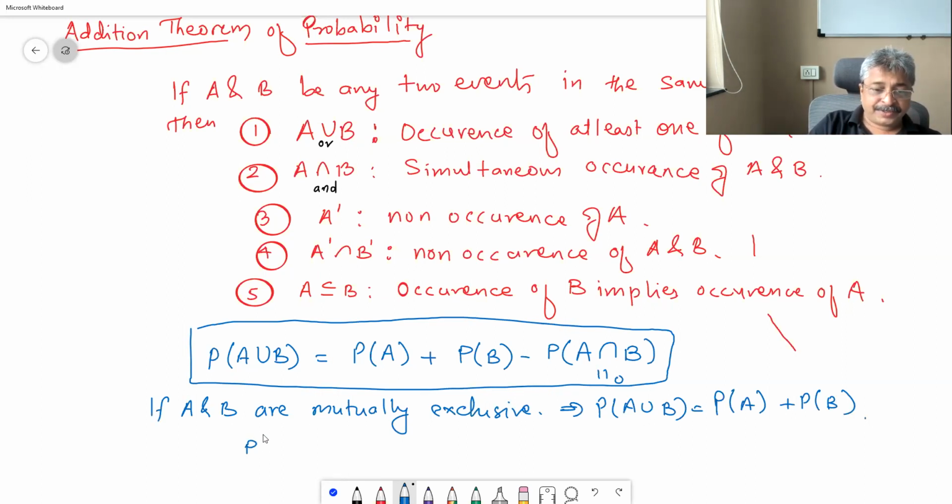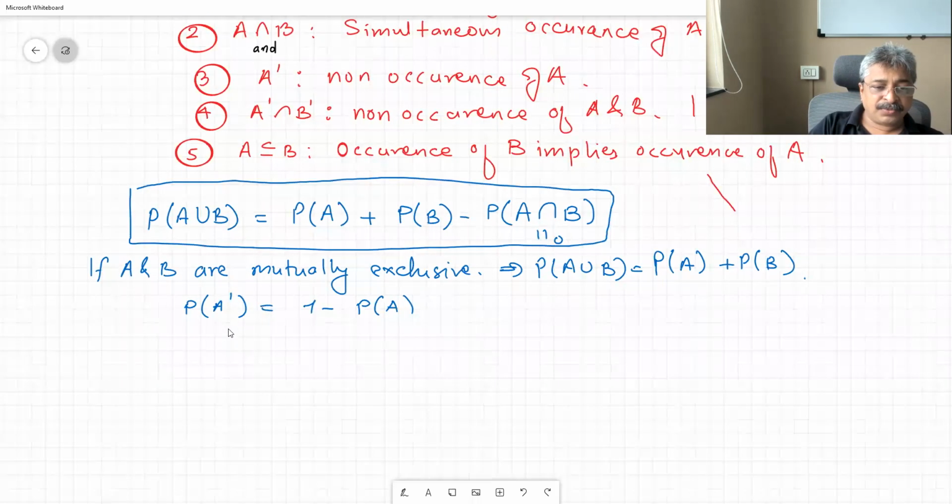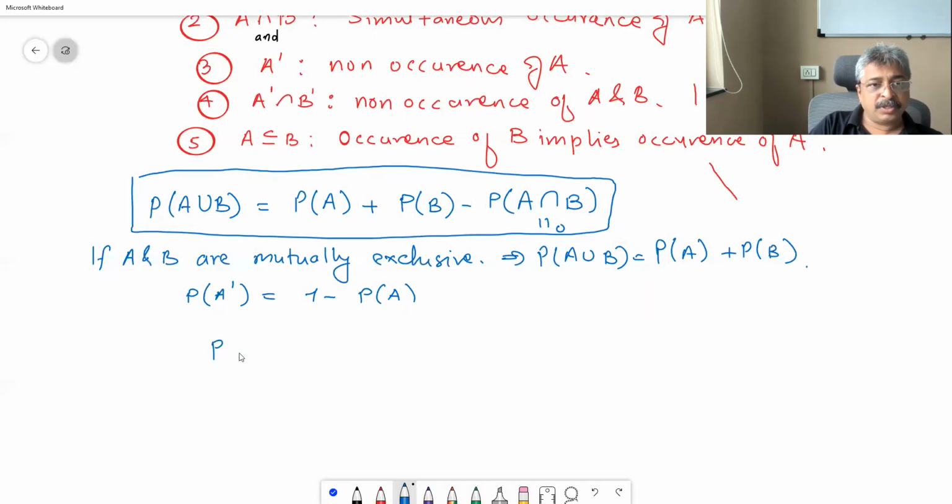The probability of A dash is equal to 1 minus the probability of A. A and A dash are mutually exclusive and collectively exhaustive. Then the probability of A dash is going to be 1 minus the probability of A. Can you show me the probability of A intersection B dash?